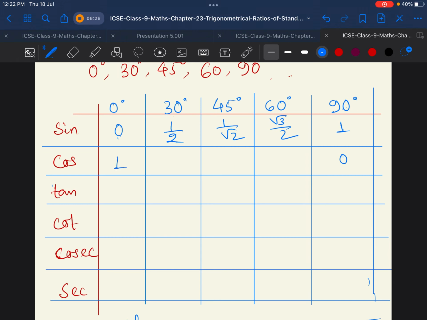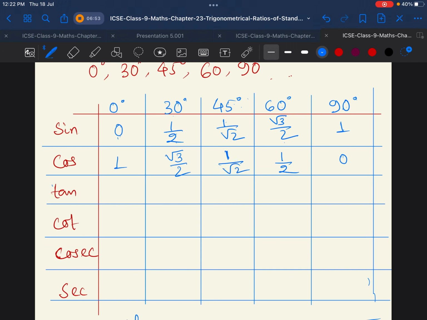Sine 30 is 1 by 2, cos 60 will be 1 by 2. Sine 60 is root 3 by 2, then cos 30 is root 3 by 2. And the values of sine 45 and cos 45 are equal, so sine 45 and cos 45 are both 1 by root 2.